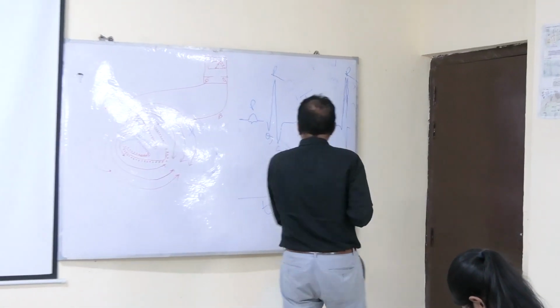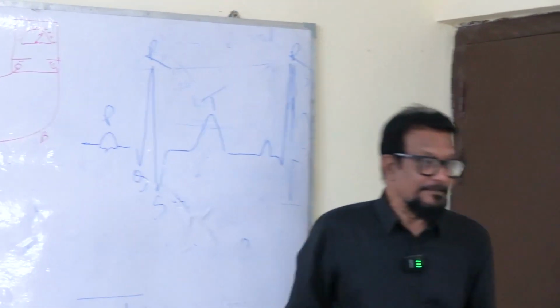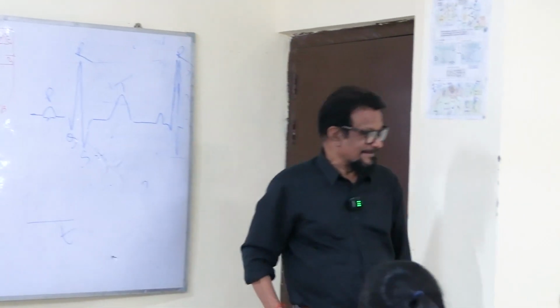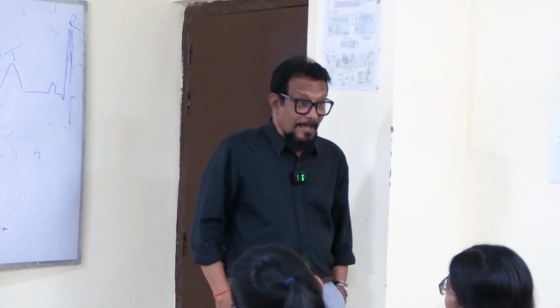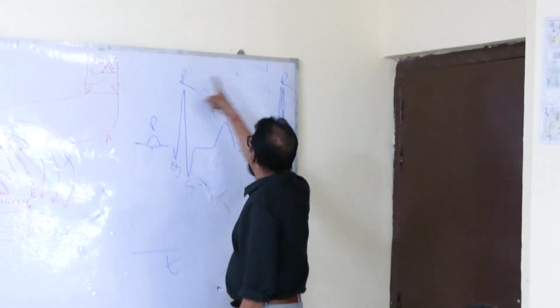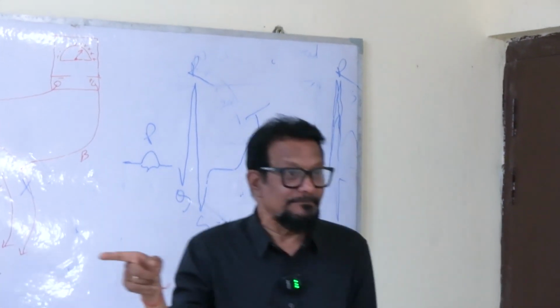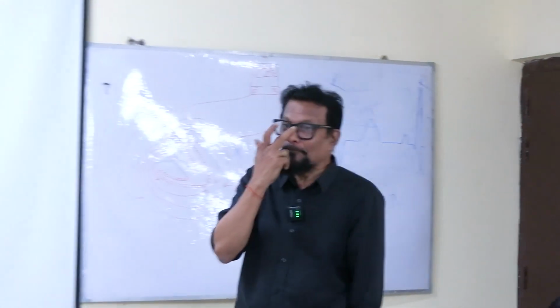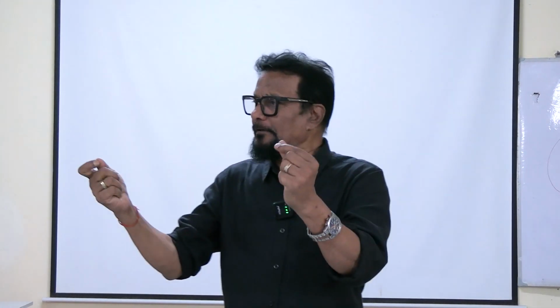Okay, now you got this interval. Another is RR interval. RR, not RRR. So RR interval means this peak to this peak. So the time duration you can easily calculate. From this RR interval we immediately can determine the heart rate.